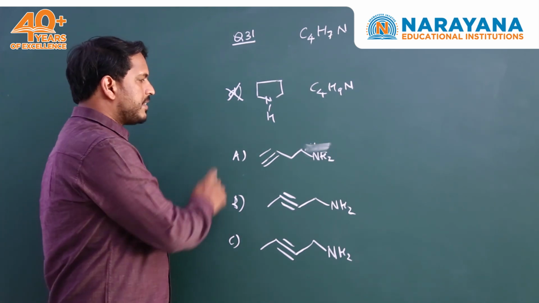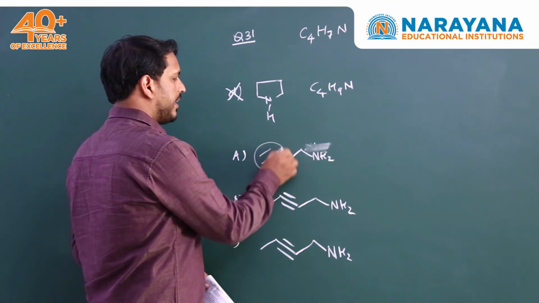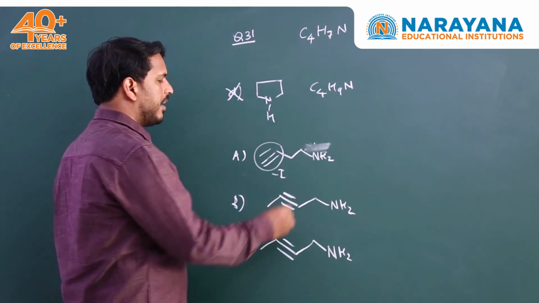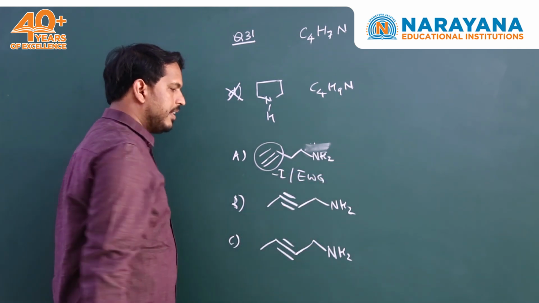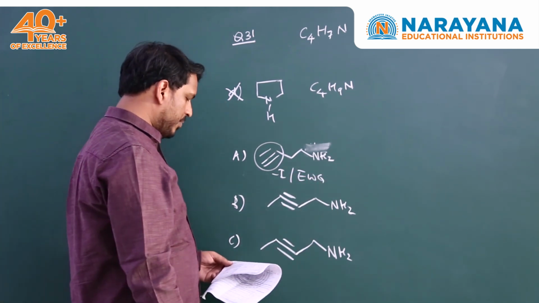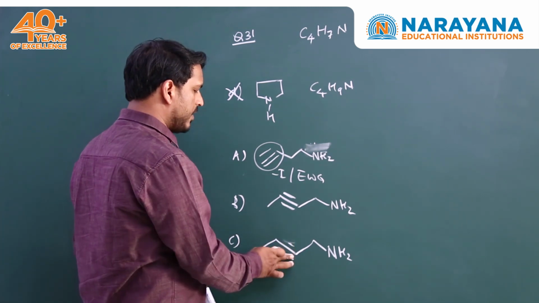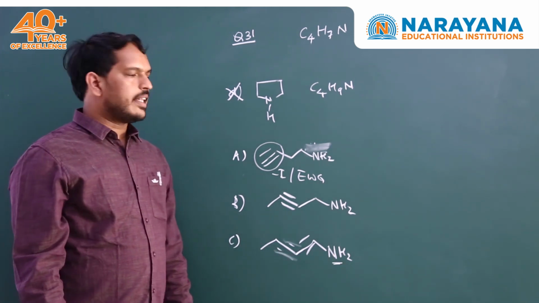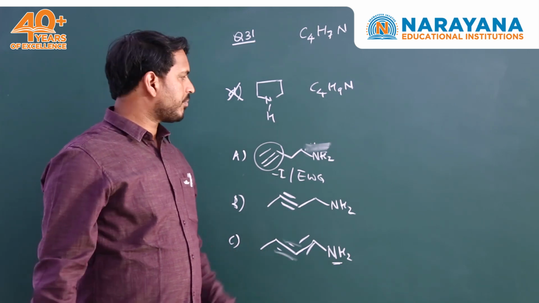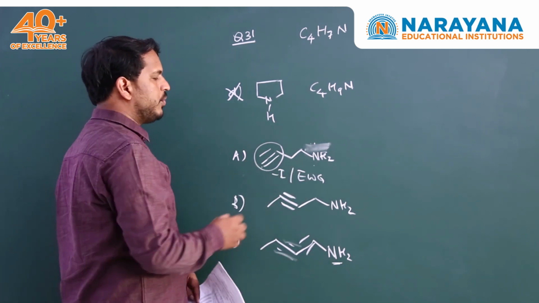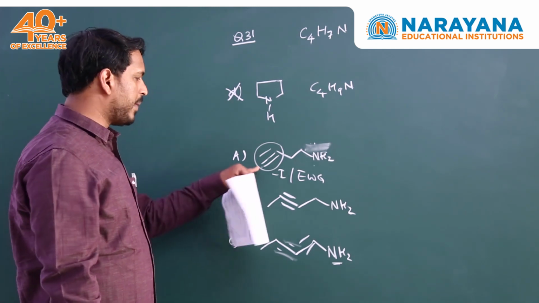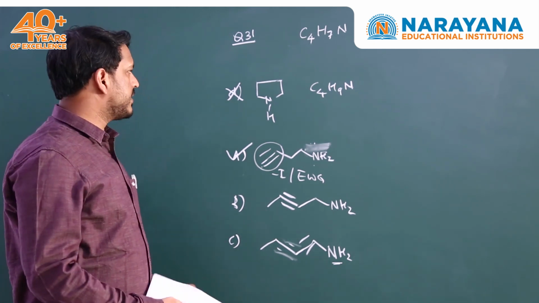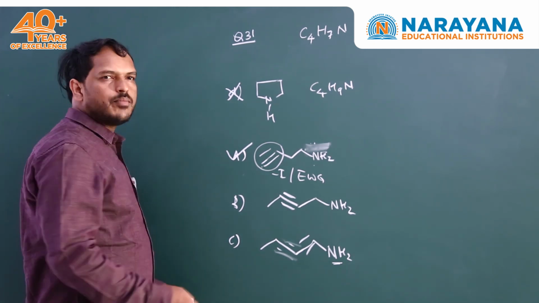In these three, the C triple bond C is a minus I group, an electron withdrawing group. If the electron withdrawing group is closer to the NH2, the electron density on nitrogen will be less. Here it is away from the NH2, so the electron density on NH2 is more compared to the other three. So this is the most basic compound, and A is the correct answer. Now let us move to the next question.